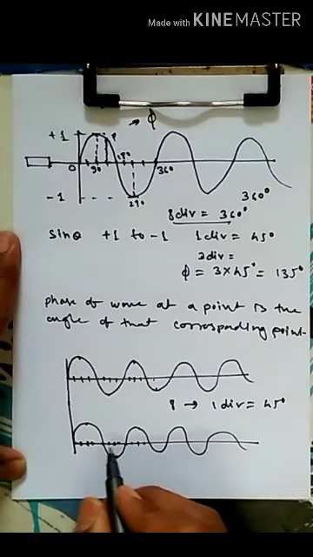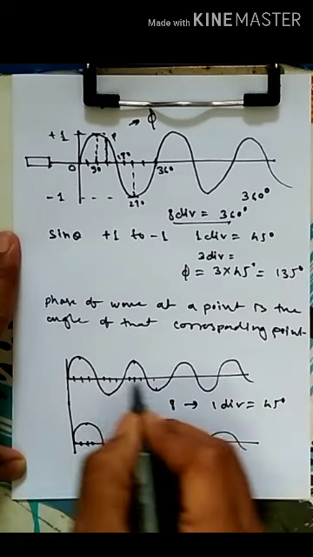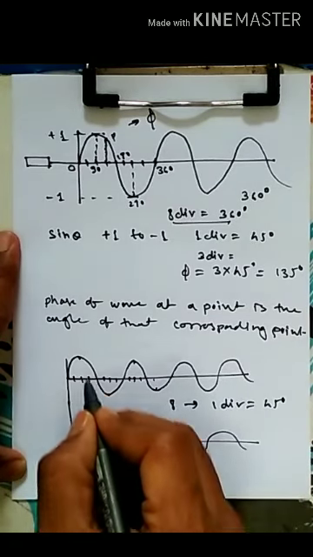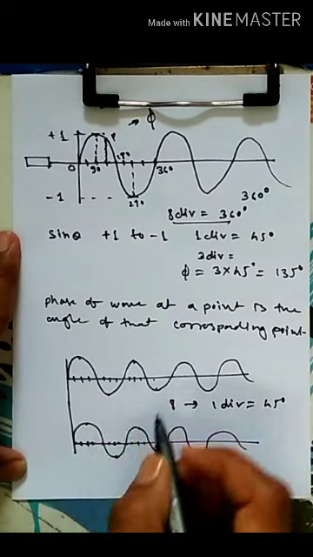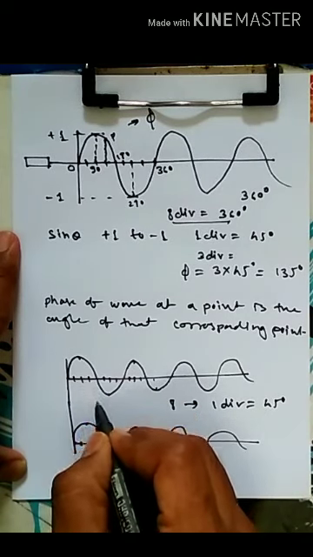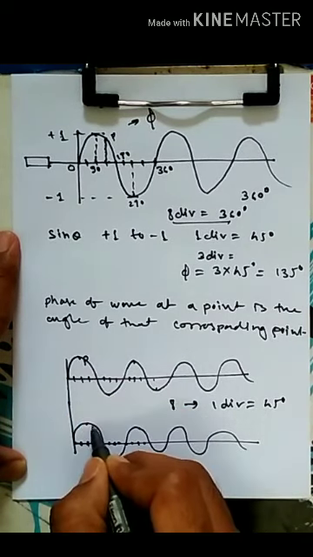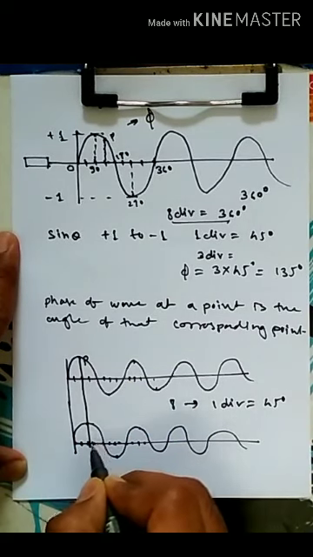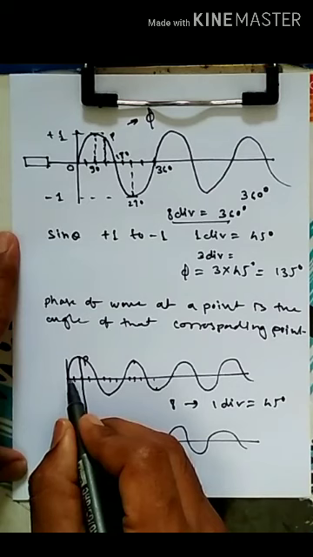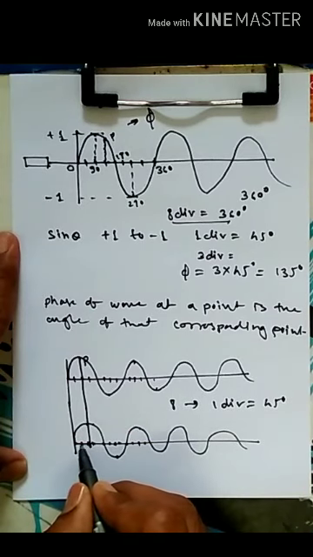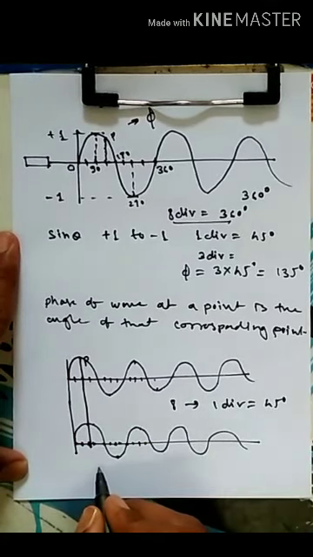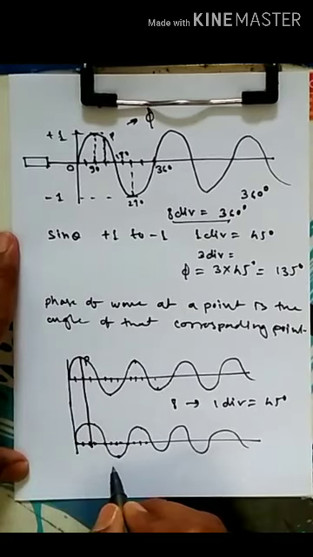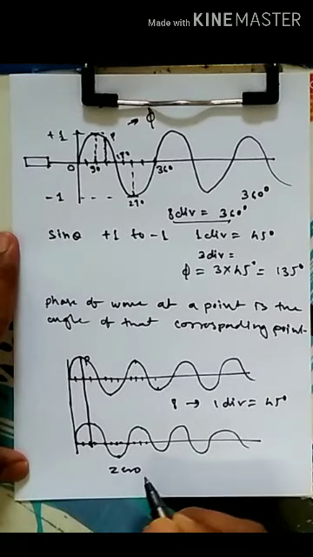If I find the phase difference between these two sinusoidal waves, at point P here and point P here, this is 1 2, here also 1 2, so there is no phase difference. This is zero phase difference.